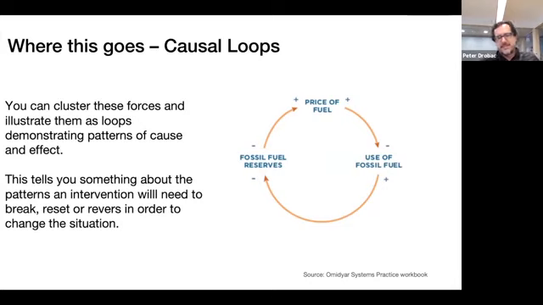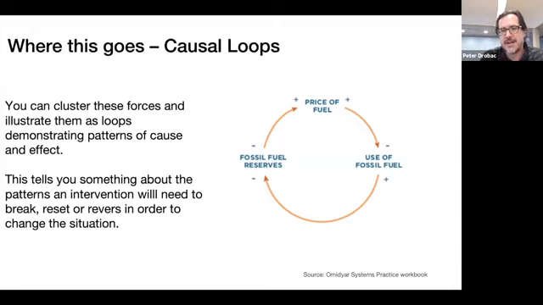A really basic example of a feedback loop would be supply and demand, as a kind of stabilizing or negative feedback loop. If you take the price of petrol, for example, as the price of petrol increases, that's going to drive down consumption, right? Because it's more expensive.